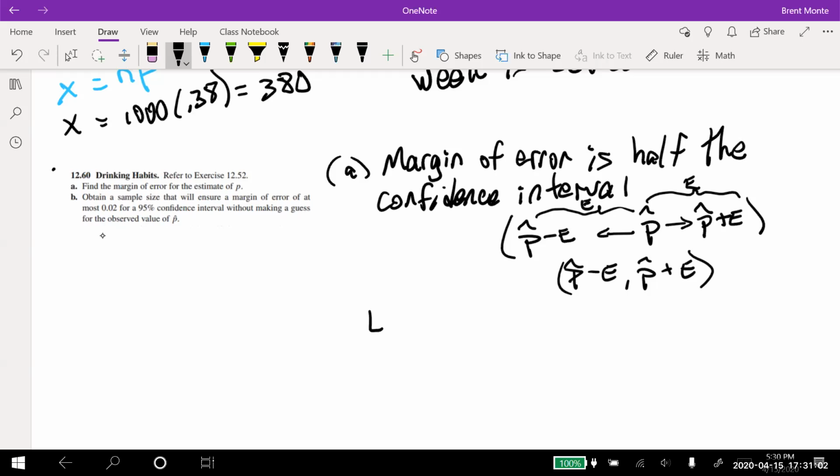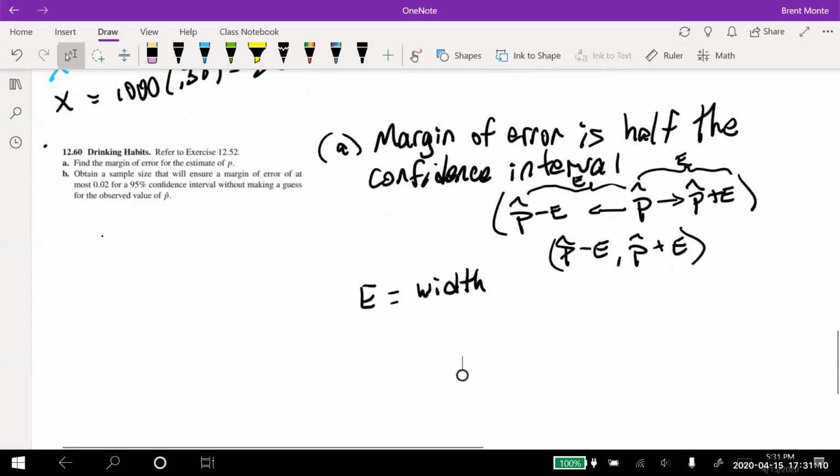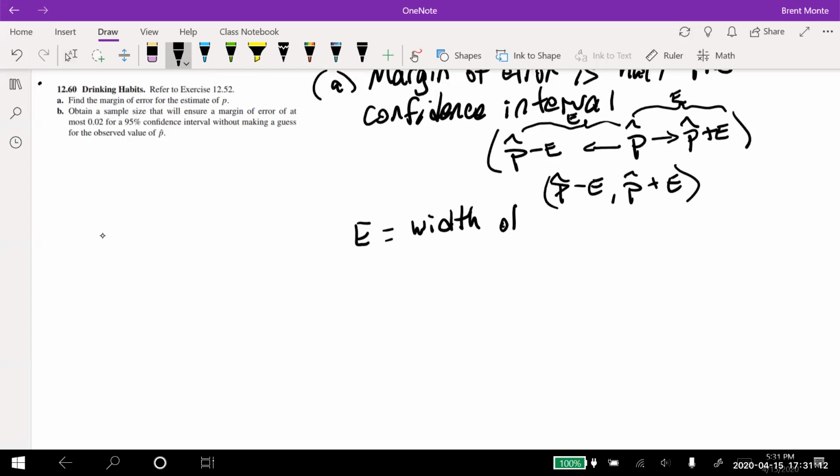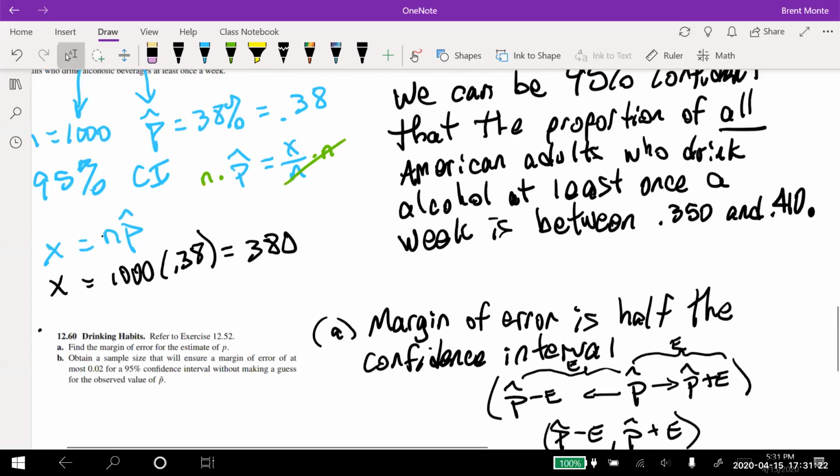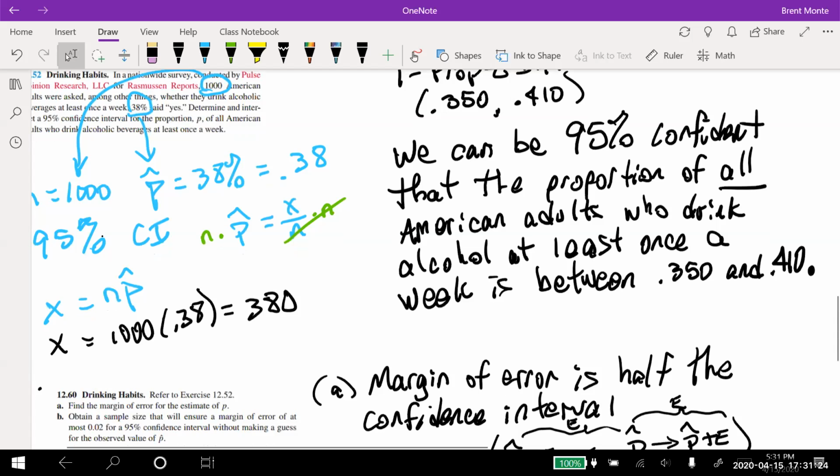So E is actually the width of the confidence interval divided by 2. The width of the confidence interval, we just have to subtract those two numbers. So we got 0.410 and 0.350.